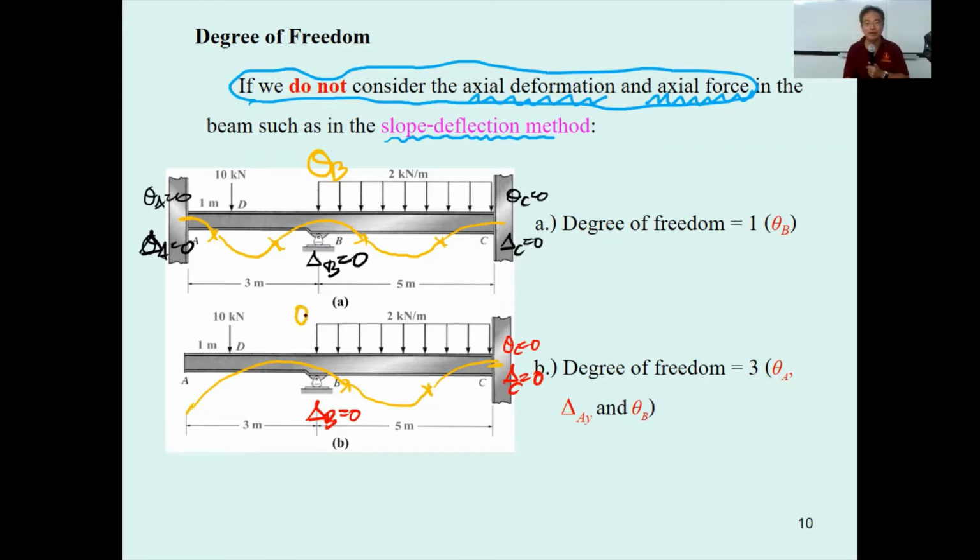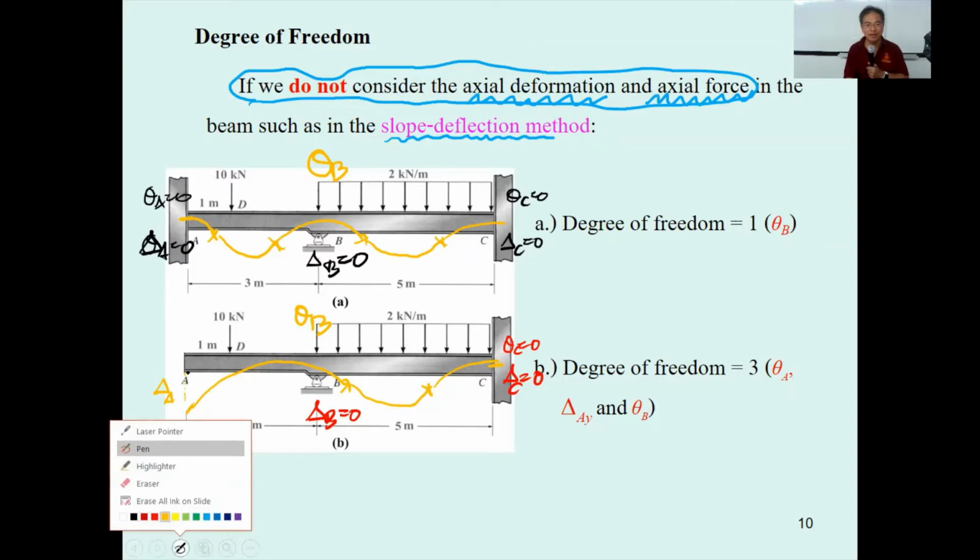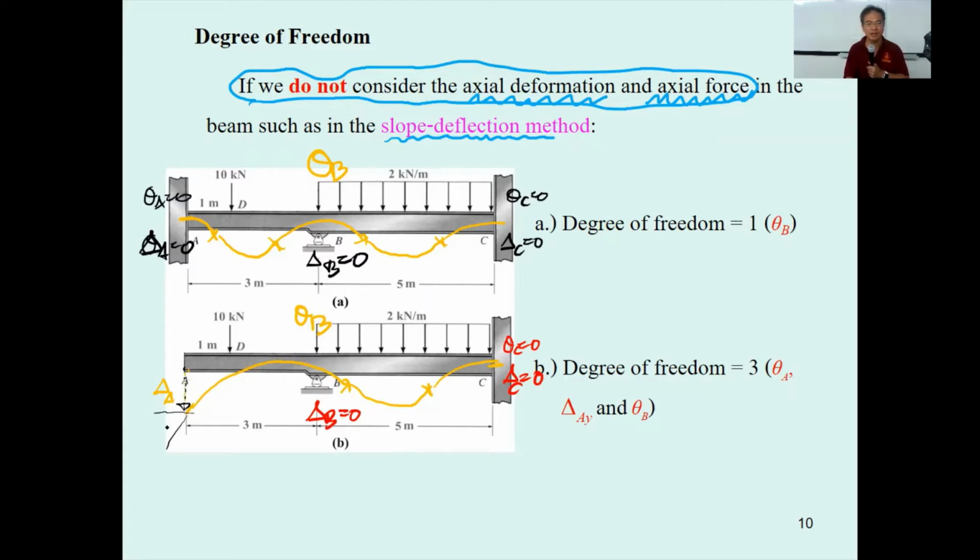You have zeta sub B. You may have delta sub A, which is going to be the deformation that occurs at this vertical, and you also have the slope zeta sub A, like I mentioned over here.